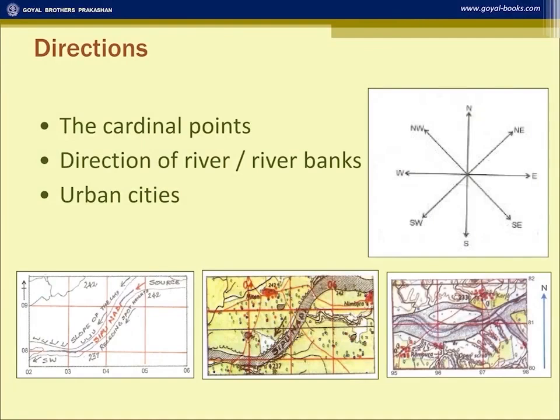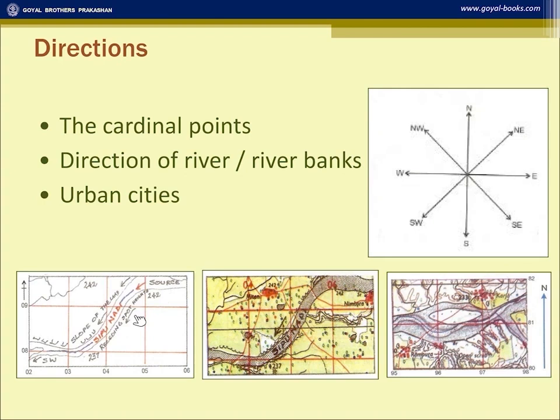Now, suppose there is a question on in which direction is the Sipu Nadi flowing. Now, we have to first look at the spot heights. You can see the 242, 237. This means the spot heights are receding from northeast towards southwest.